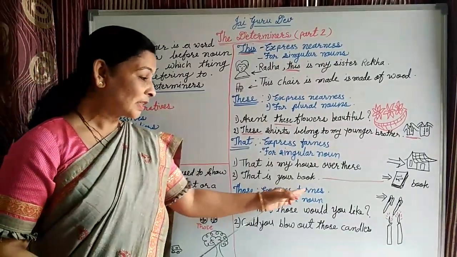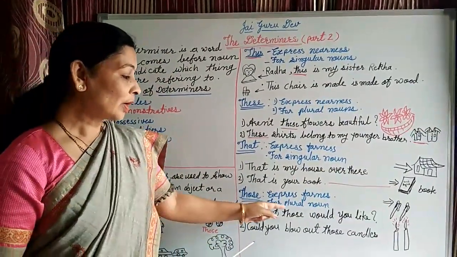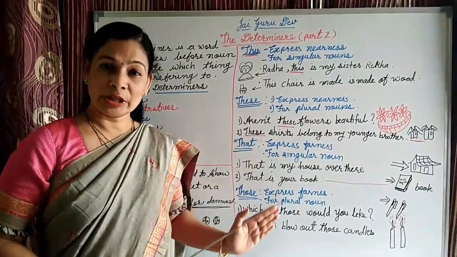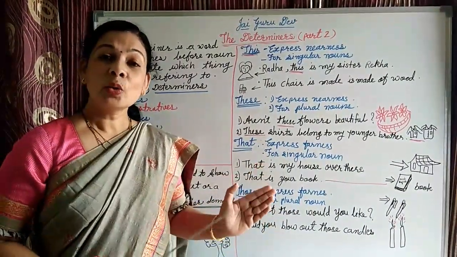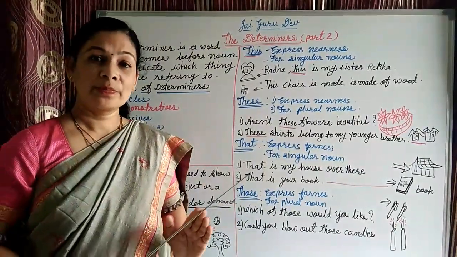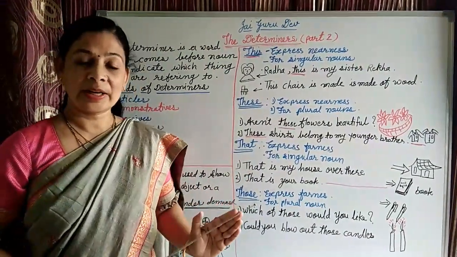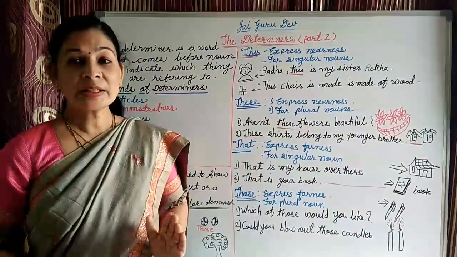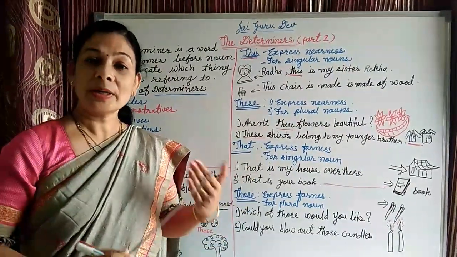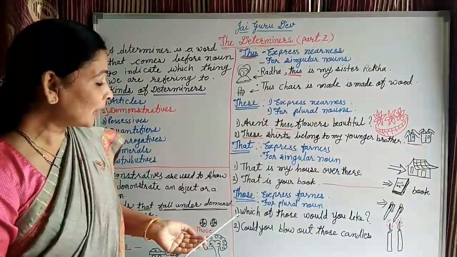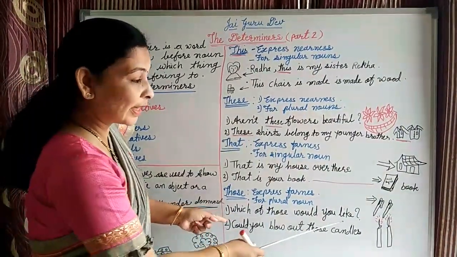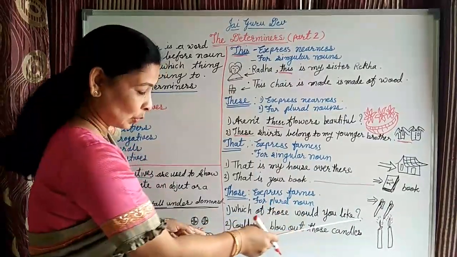Those expresses farness for a plural noun. If that is used for a singular noun, then those is used for a plural noun. The concept is the same again. Those is used for plural nouns which are far away from us. Look at this example: which of those would you like out of those?